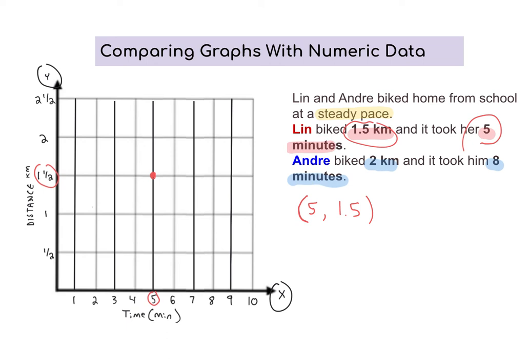And we know that his x is 8 because 8 minutes, and x is time, and his y is 2. So I'm going to plot a point there. So I find where my x is 8, go up to 2, and there we have it.